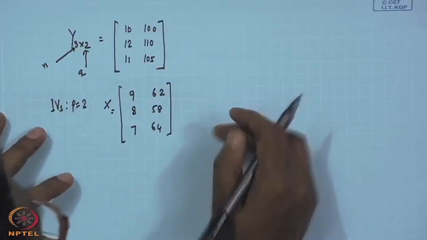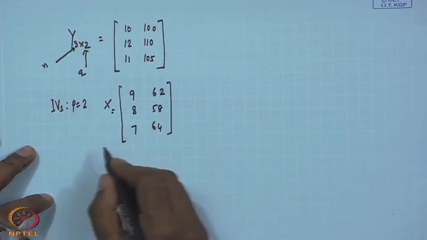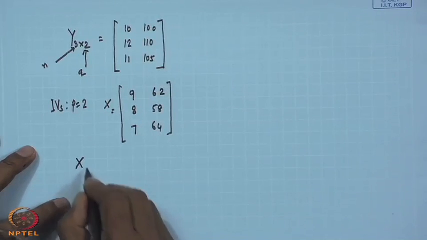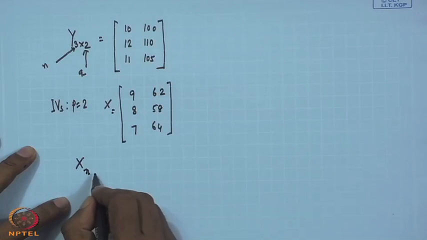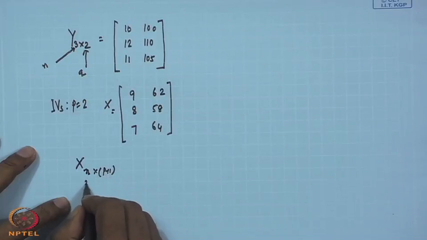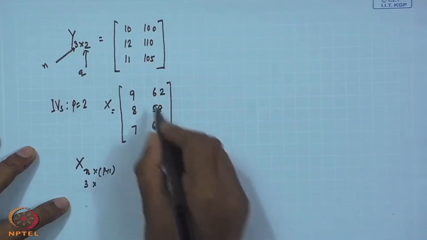So what do we require to do now? We require to find out the design matrix X, which will be n cross p plus 1. Here n is 3, so 3 cross p plus 1.